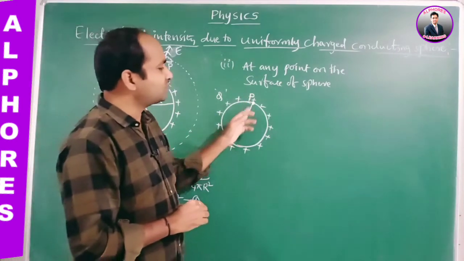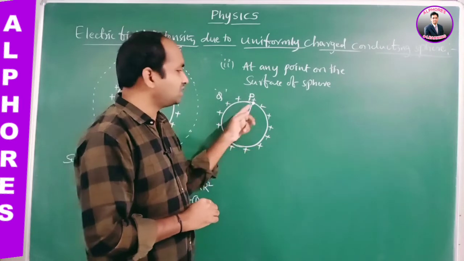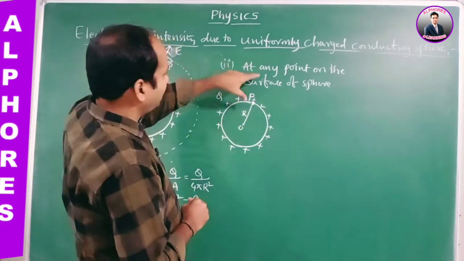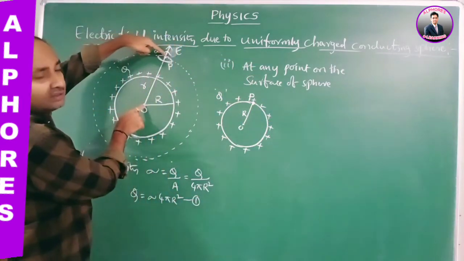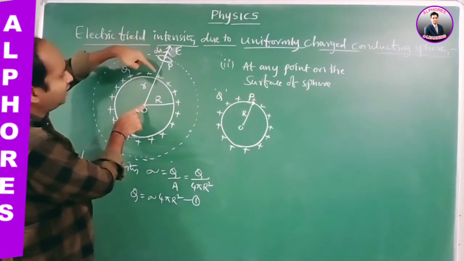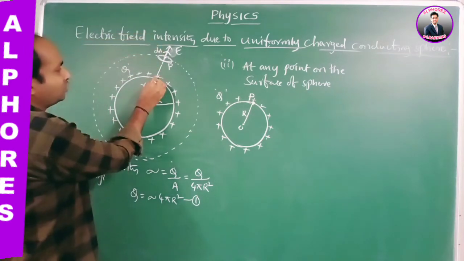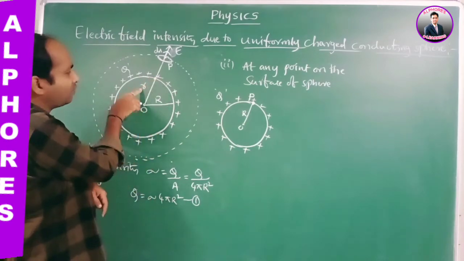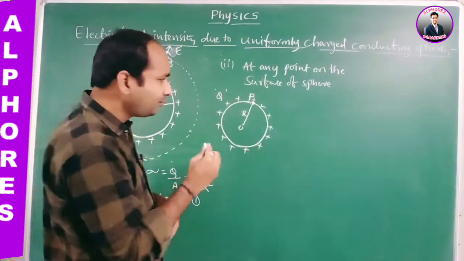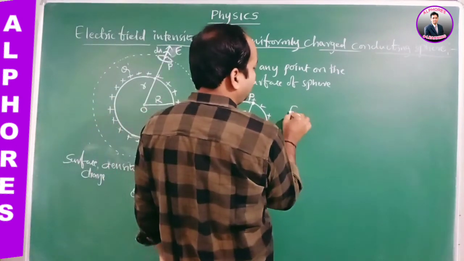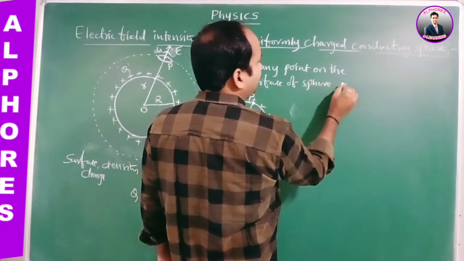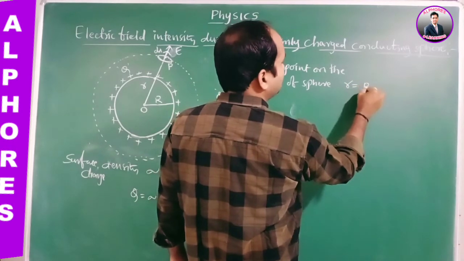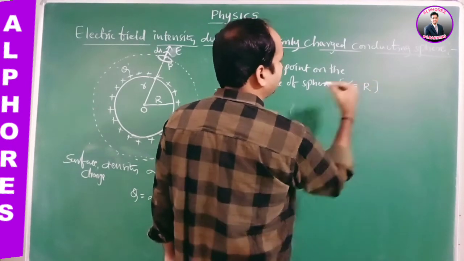On the surface means the distance small r is equal to capital R.